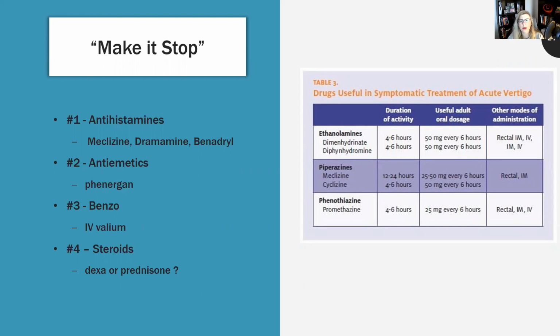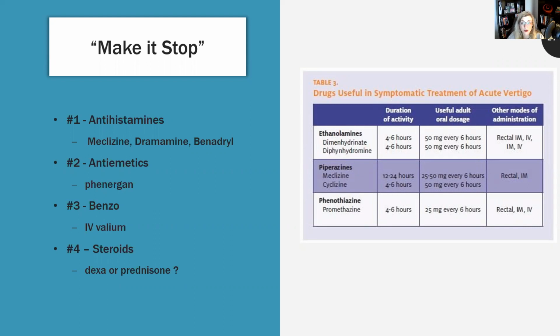So notice that I've labeled them 1 through 4 here because I think that everyone should start with step 1 first. Antihistamines are for the less dramatic cases or the ones that you're not really convinced or the ones that are almost over. Meclizine, Dramamine, and Benadryl are the 3 antihistamines that seem to work the best.